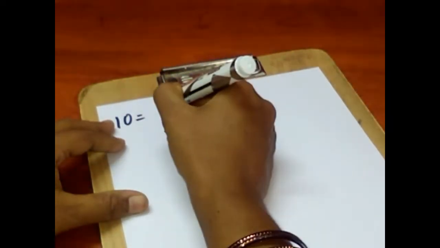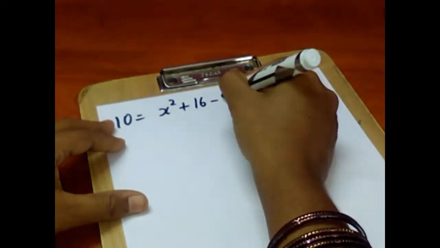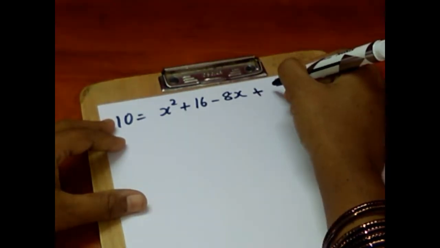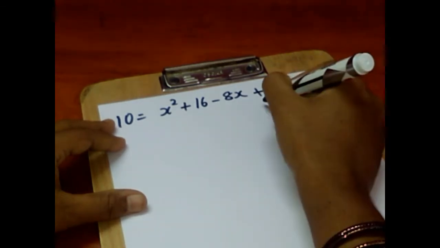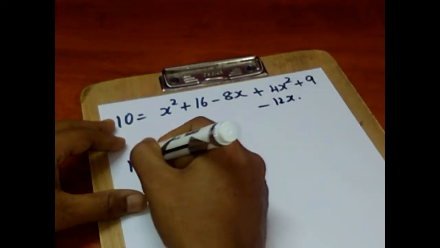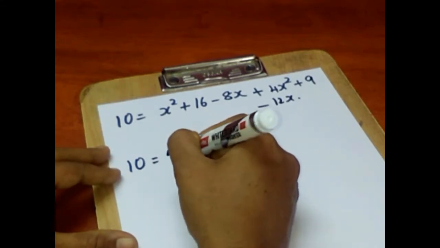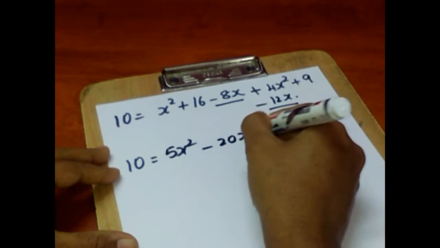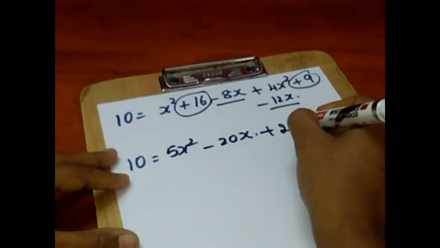10 is equal to a square is x square, b square is 16, 2ab is minus 8x, plus a square is 4x square, b square is 9, then minus 2ab is 12x. So 10 is equal to x square plus 4x square, which can be taken as 5x square, minus 8x minus 12x is minus 20x, then plus 16 plus 9 is plus 25.